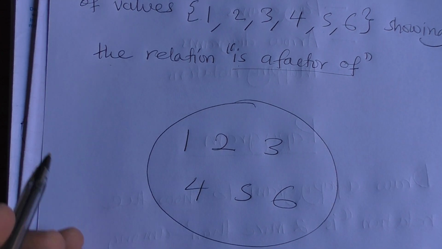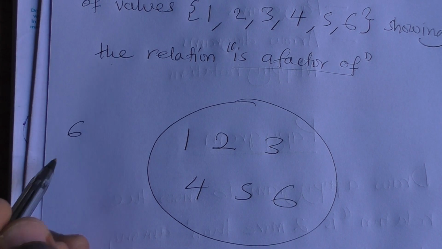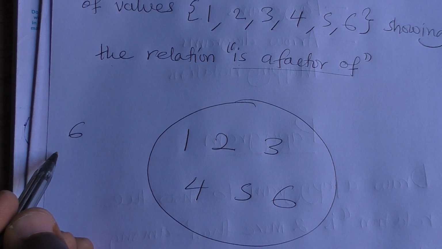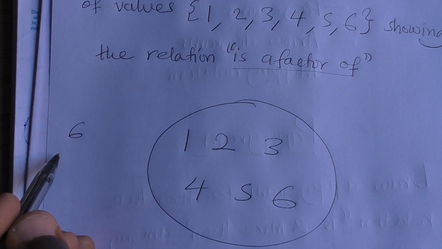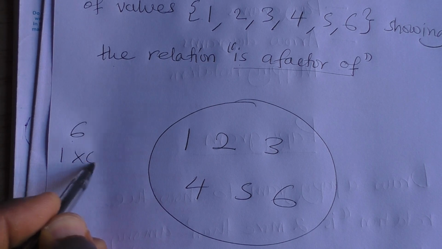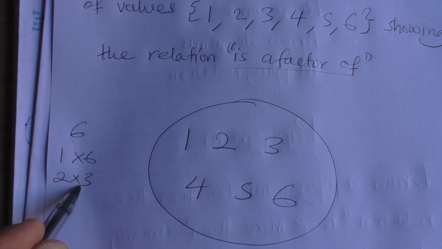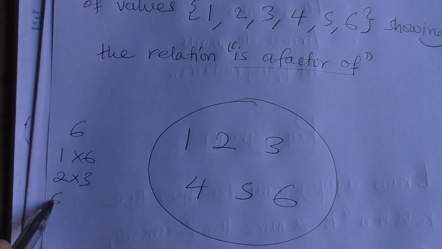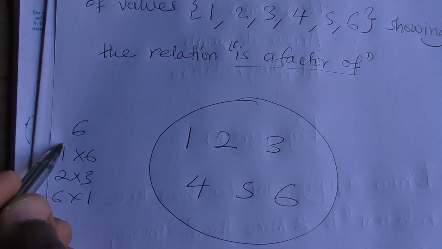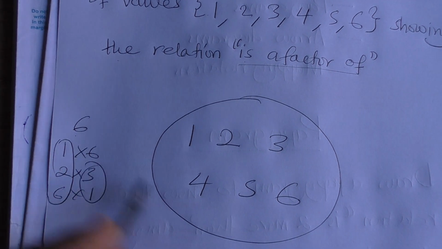For instance, a factor of 6 is a number that I will multiply with other natural numbers to get 6. For instance, 1 times 6, we have 2 times 3, we have 6 times 1. So these are all factors of 6.